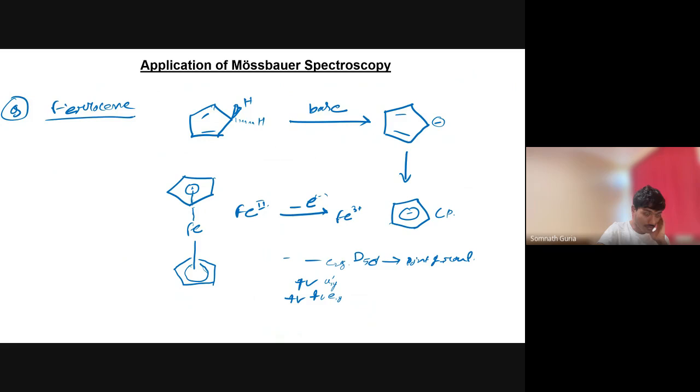Okay, and then we'll have the electrons over here, all the electrons are paired up, so the EFG valence will be 0.